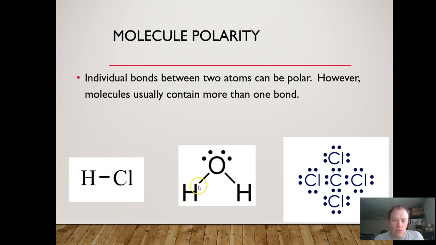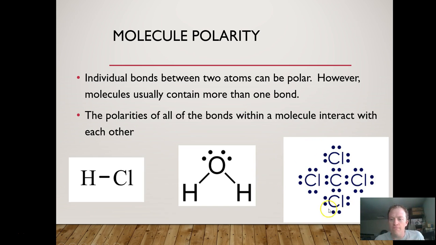However, water has two bonds, this bond and this bond. CCl4 is shown with true dot structures to keep you on your toes, because we will see those sometimes. This has four bonds: 1, 2, 3, 4. So this video is about how polarities of different individual bonds interact to produce a molecule that may or may not be polar overall.